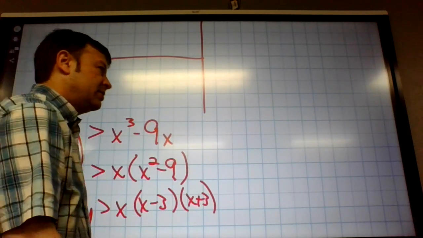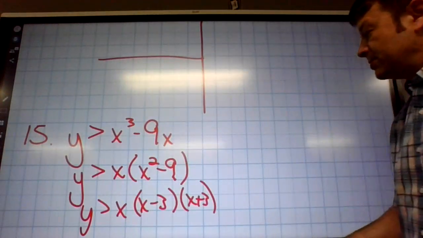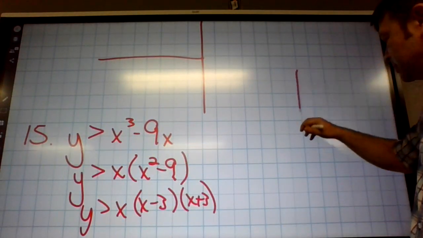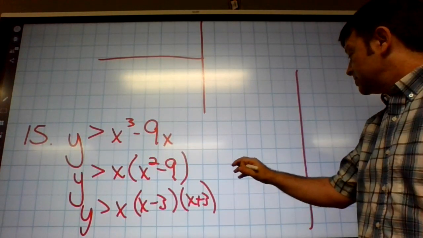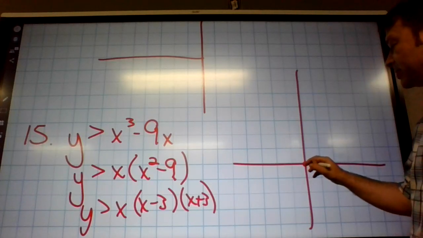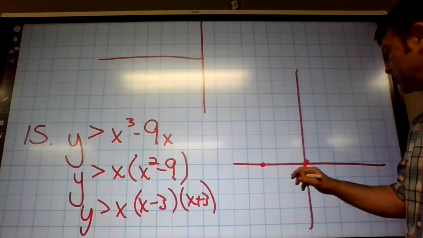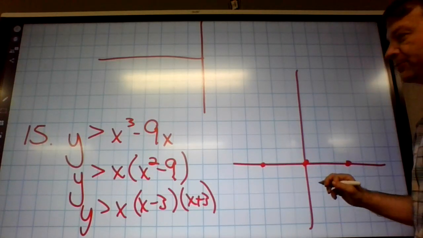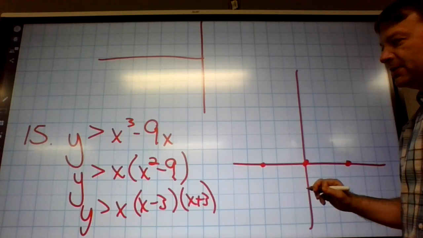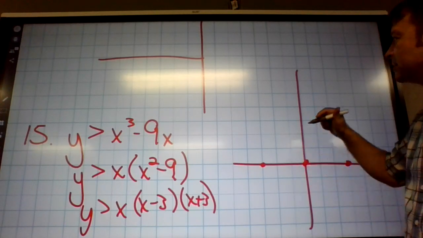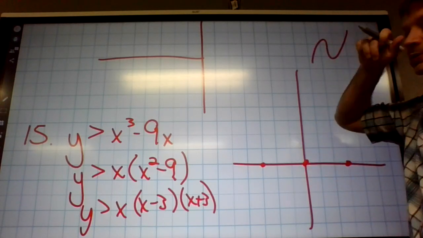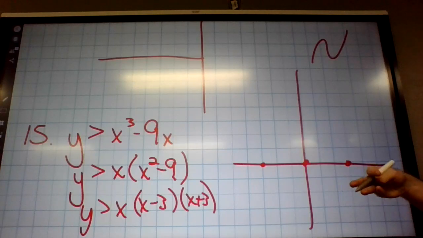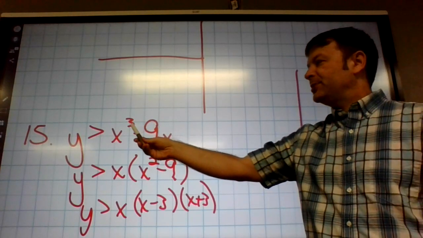So what are the roots? What are the zeros of this function? 0, 3, and then -3. So this is one of those where we kind of did a rough sketch. What shape will it take? Like an up, down. Okay, I called it the squiggle. That's the official title. Because it's an x cubed, it's going to be a squiggle.